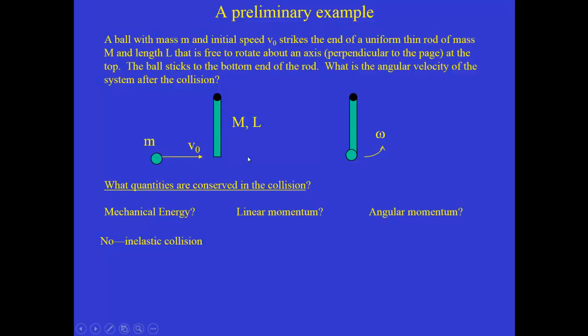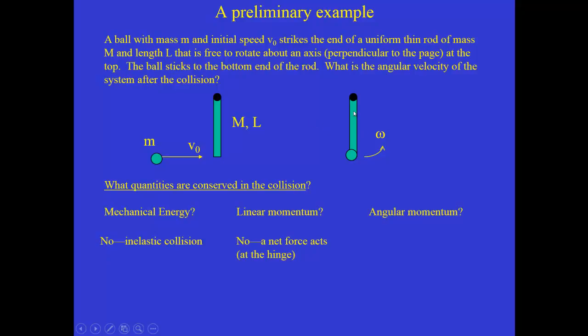But immediately after the collision, when the system begins to rotate, there must be a net force, because any object in circular motion has to experience a net force acting towards the center of that rotational motion. And so after the collision, when the rotation begins, now all of a sudden there is a net force. And so linear momentum is not conserved. We can't write down some conservation of linear momentum expression.